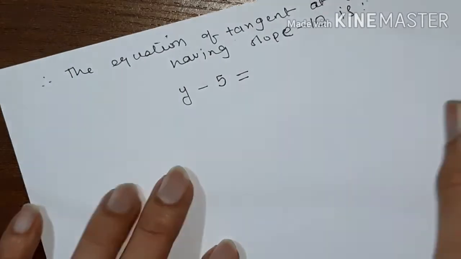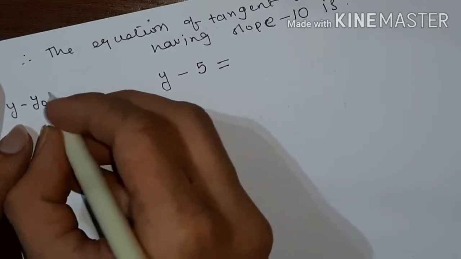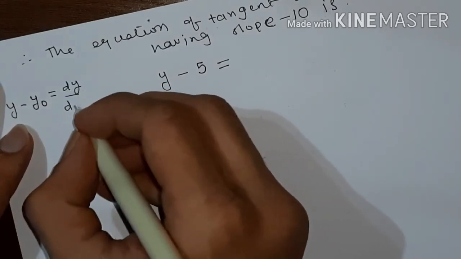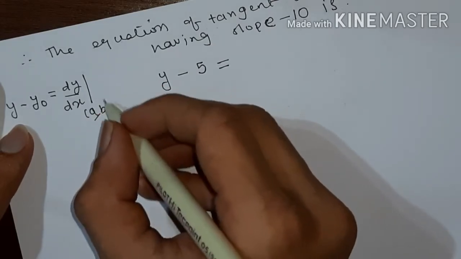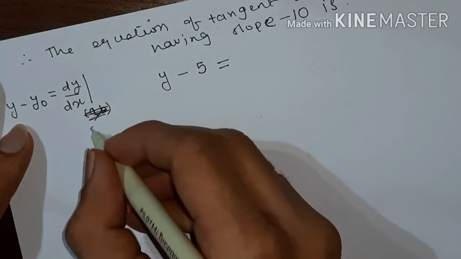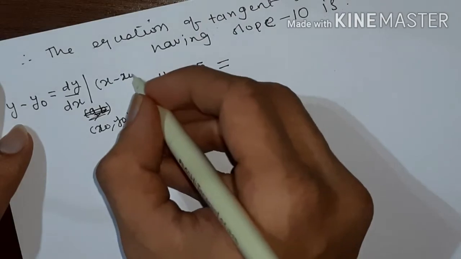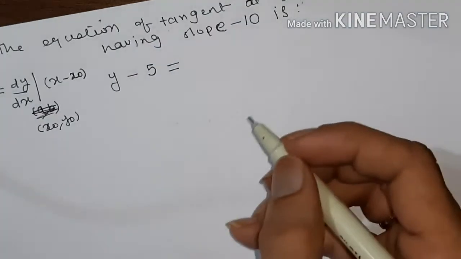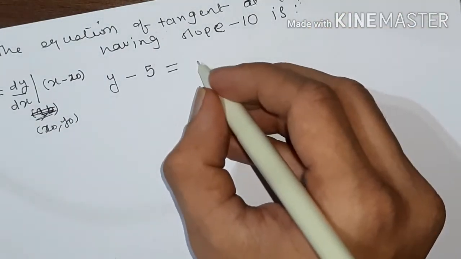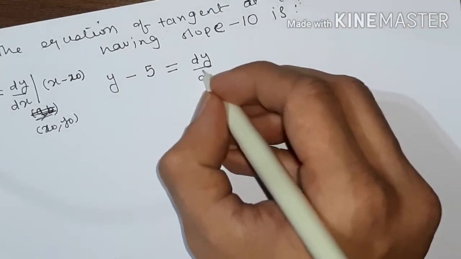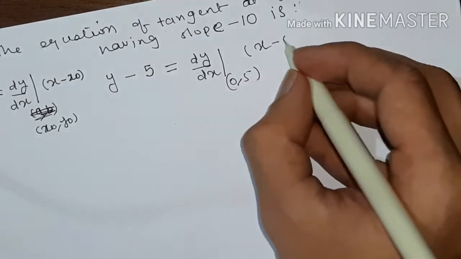The formula you have to remember here is y minus y naught equal to dy by dx at the point x naught comma y naught, multiplied by x minus x naught. So this is x naught and this is y naught, that is dy by dx at the point 0,5 multiplied by x minus 0.